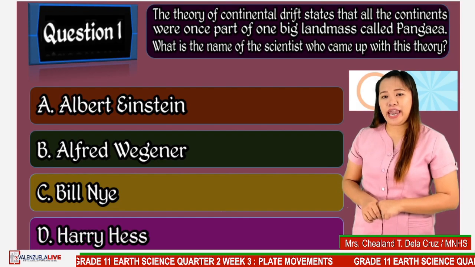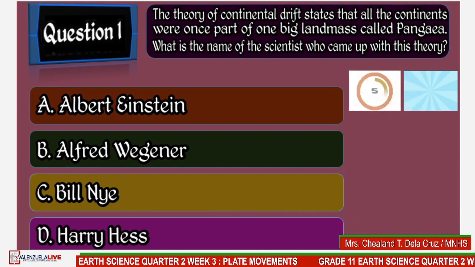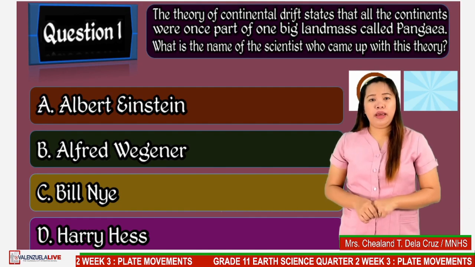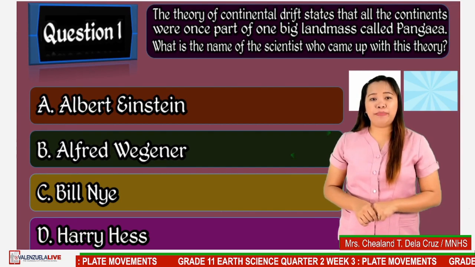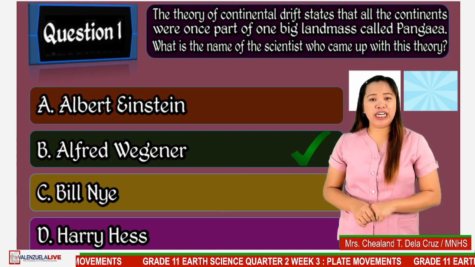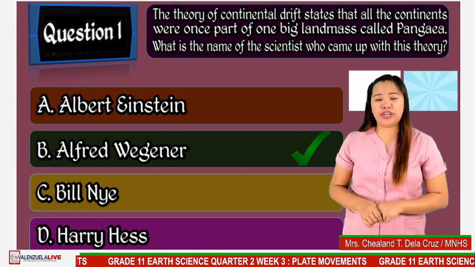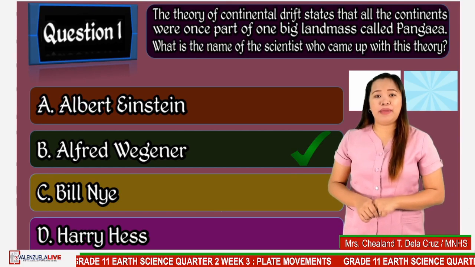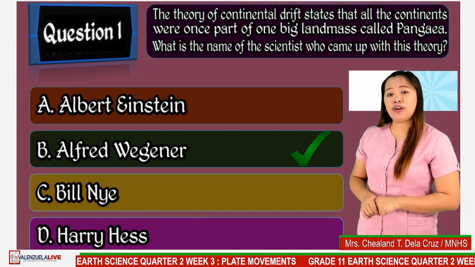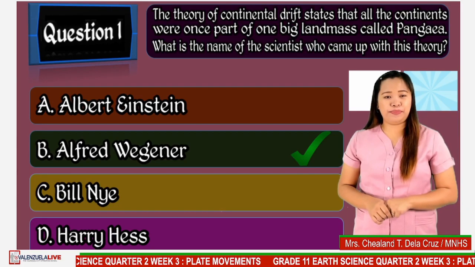D. Harry Hess. The correct answer is letter B. Alfred Wegener is the German polar researcher, geophysicist, and meteorologist who proposed continental drift theory.